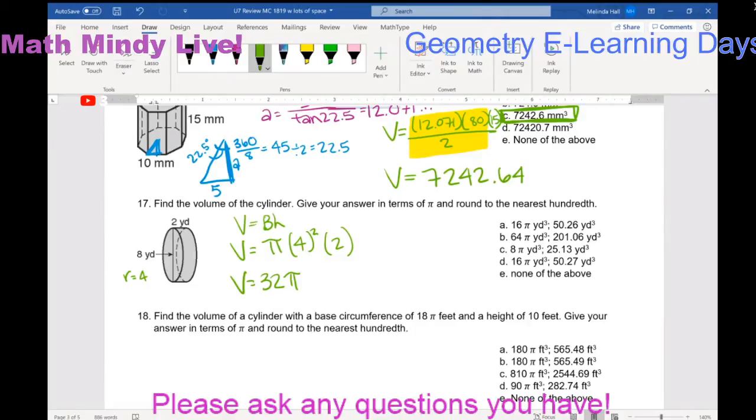Okay, so we probably made a mistake because that's weird. Our base area is pi r squared, pi times 4 squared. Strange. Anyways, with that, 32 times pi, hold on.